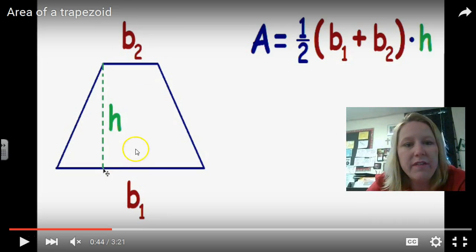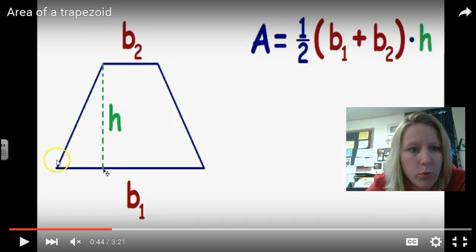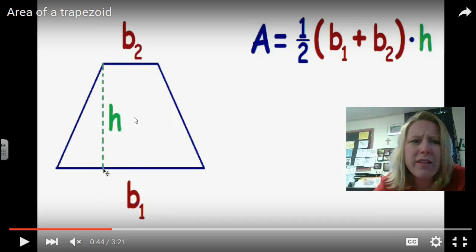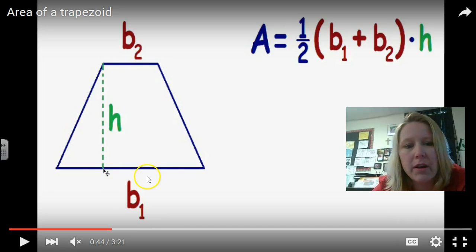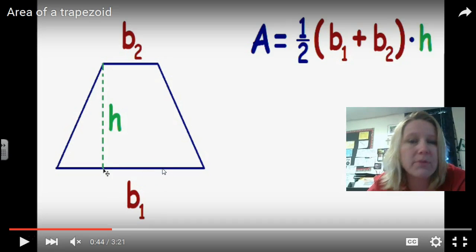So identifying the bases is the most important part, knowing that the bases are the two parallel lines. This line is parallel to that line, so I know that's the bases of my trapezoid. Now remember, this slanted line here wouldn't even have to be here, and this would still be a trapezoid. You could have this line coming straight down where the height is and look more like a shoe, and then you're like, hey, why do they only have one slanted line? It's still a trapezoid because it's got one set of parallel lines, and that's how you define a trapezoid.